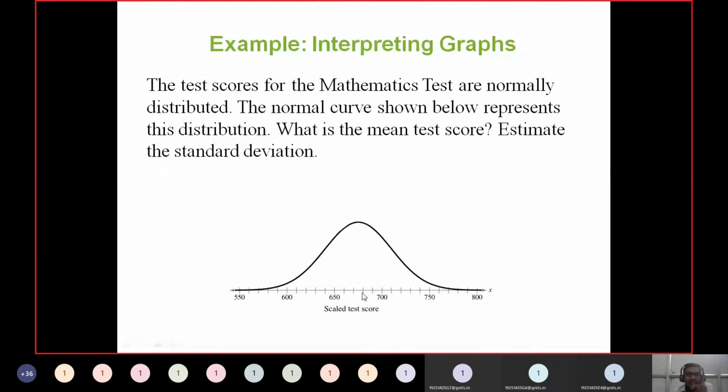We discussed the percentages of the area between mu minus sigma and mu plus sigma, mu minus 2 sigma and mu plus 2 sigma and so on. Will that be helpful for finding the standard deviation?